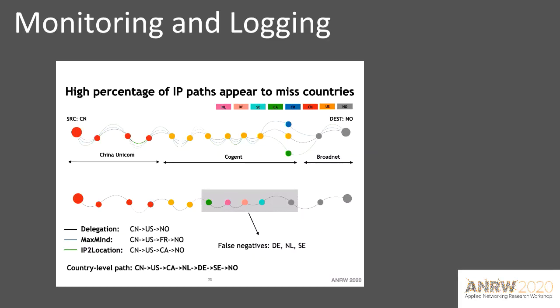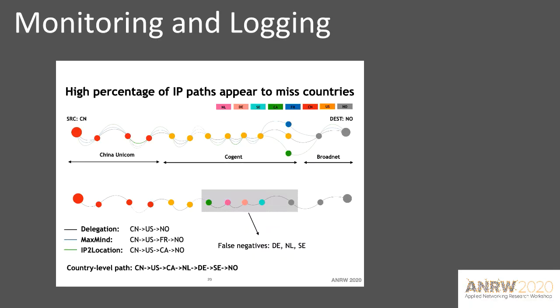We show one such example between China and Norway that traverses three organizations: China Unicom, Cogent, and Broadnet. In the delegation geomappings, the path starts in China, traverses US, and then reaches Norway.